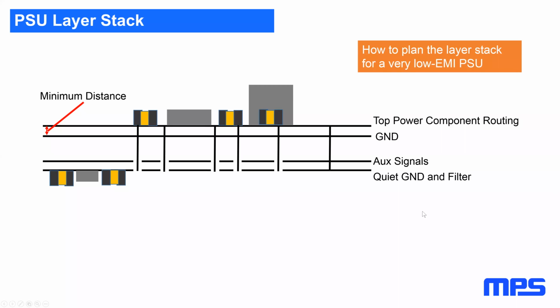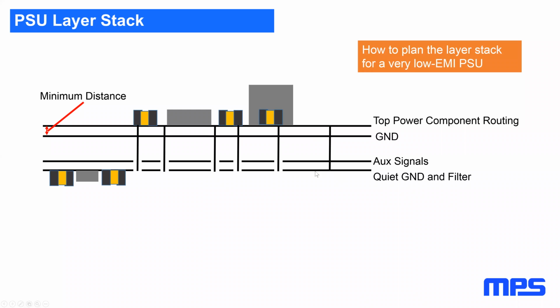If you typically want to make a very low noise power supply design and you have a multi-layer, like 4 layers or more, now you start with the top layer where you have the power component routings. So you have the inductor to the switch connected, the VIN connected to the input capacitor. And in the 2nd layer, locally, you make a solid ground plane here.